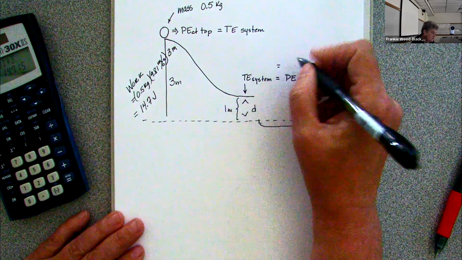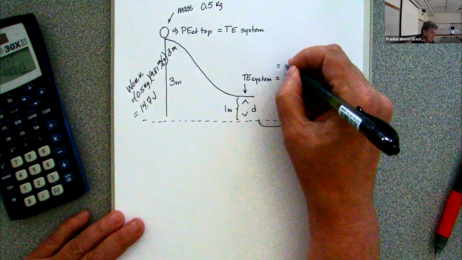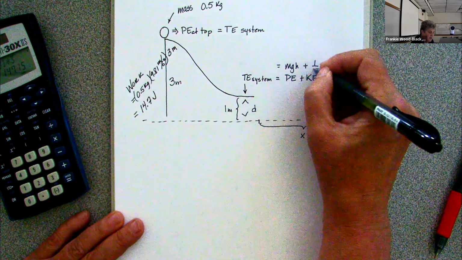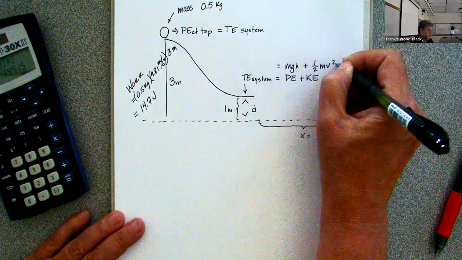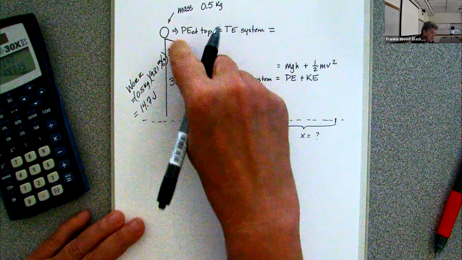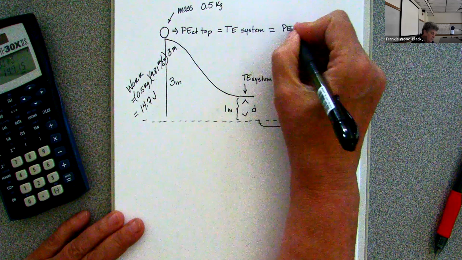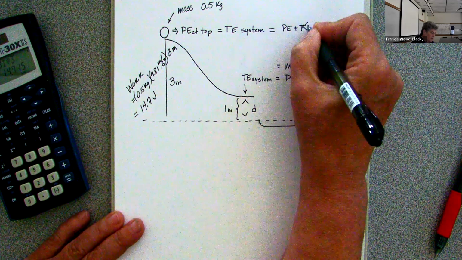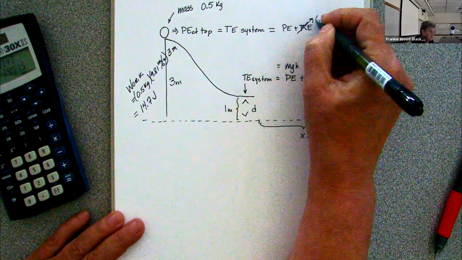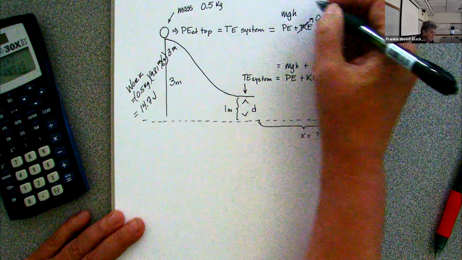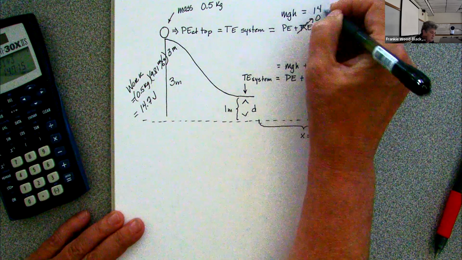My potential energy here is going to be mgh, and my kinetic energy is 1/2 mv squared. But it turns out that at the top, I only have potential energy. The kinetic energy at the top is going to be 0. We just did mgh, which we found out was 14.7 joules.